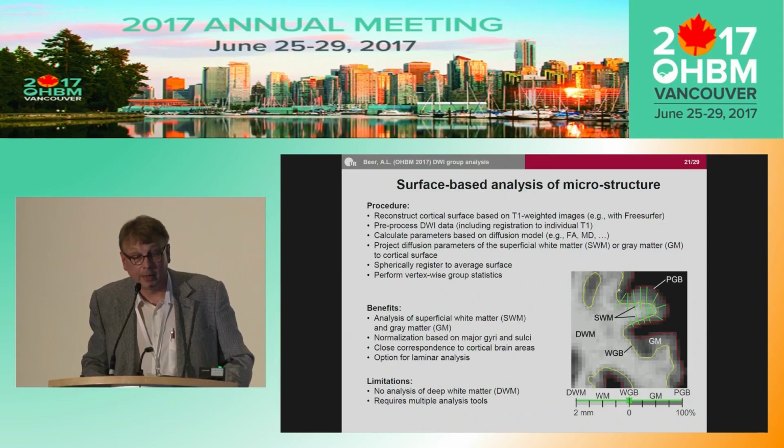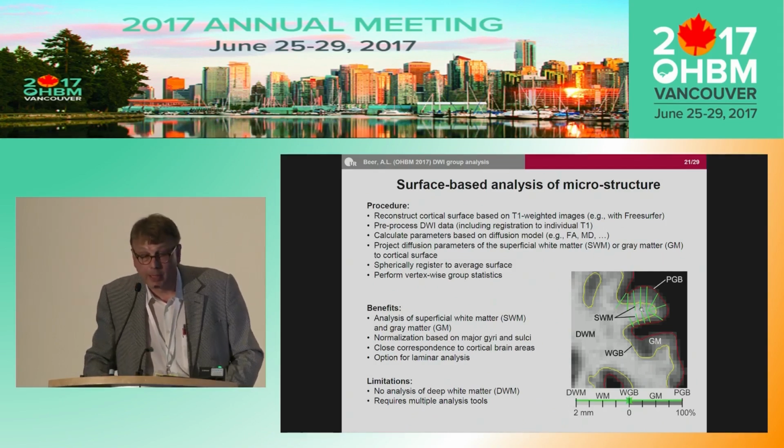In this graph, you see the white matter surface in yellow, the pial surface or pial gray matter boundary in blue. And we usually project the diffusion properties either from the gray matter on the surface or in the white matter below the white gray matter boundary.